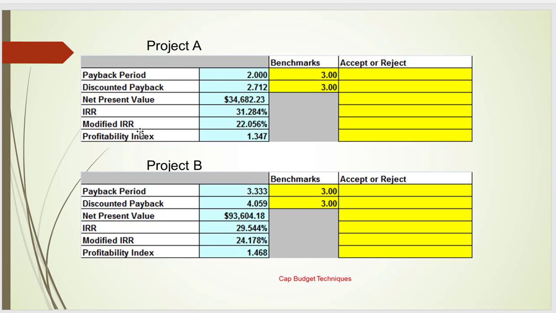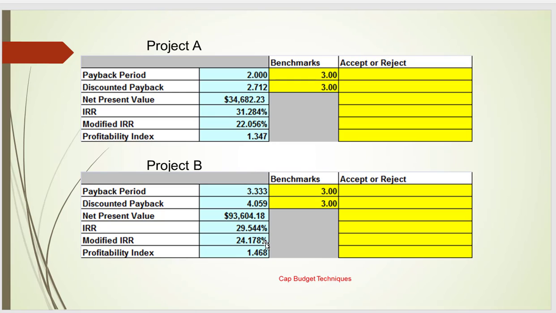For project A, the modified internal rate of return is 22%, and for B, it's 24%. So you see, it doesn't happen in every case, but in this case, it actually fixes some of the challenges that we had with the internal rate of return. Now, project B is the better of the two. Both of them are acceptable if I could do them both.